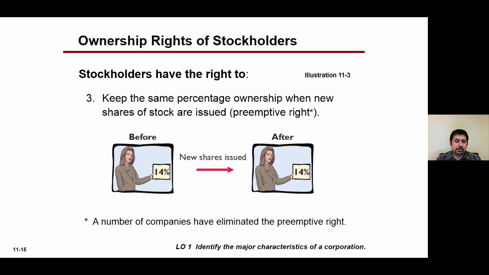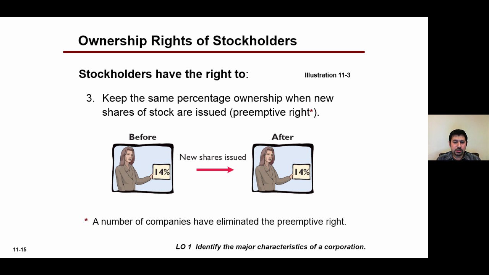Another right is also called the preemptive right, although a lot of companies are eliminating this right. However, the preemptive right allows the owners, the stockholders, basically to keep the same percentage of ownership when the company issues new stocks.